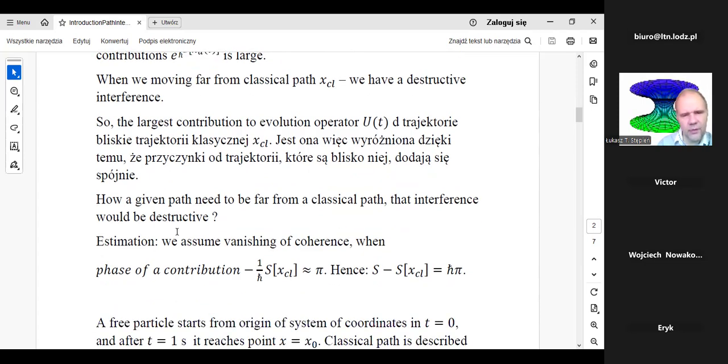Namely, we assume vanishing of coherence when the difference between the phase of a contribution and the phase coming from the action functional for the classical path is approximately equal to pi. Hence, the difference between the values of the action functional S and S for the classical path must be equal to the Dirac constant multiplied by pi.